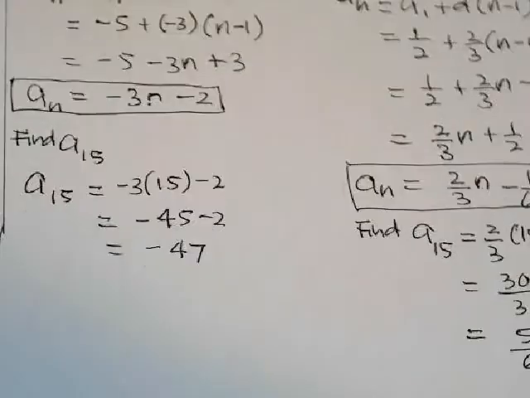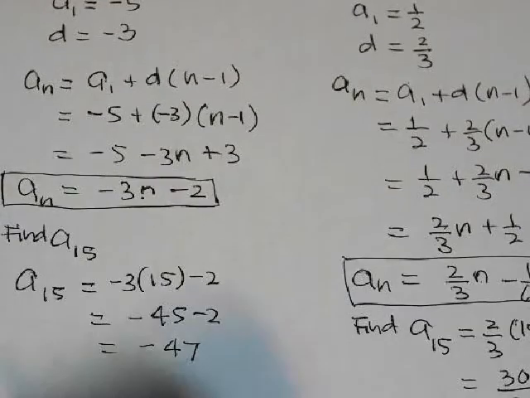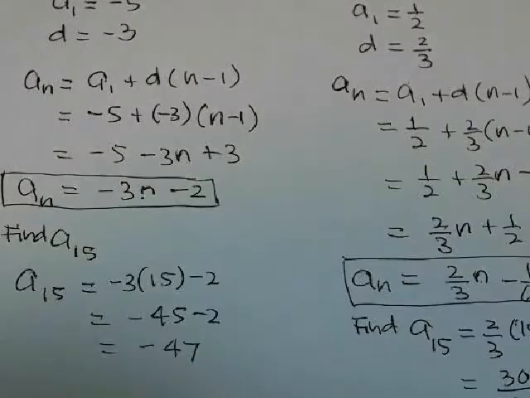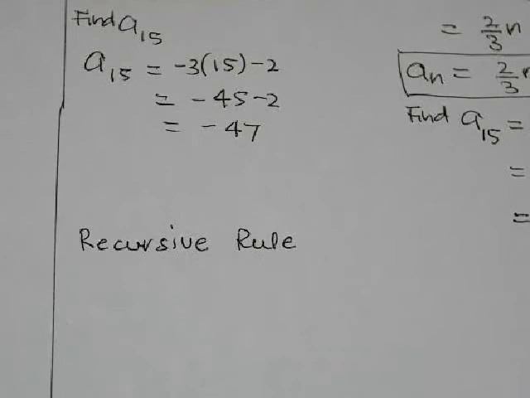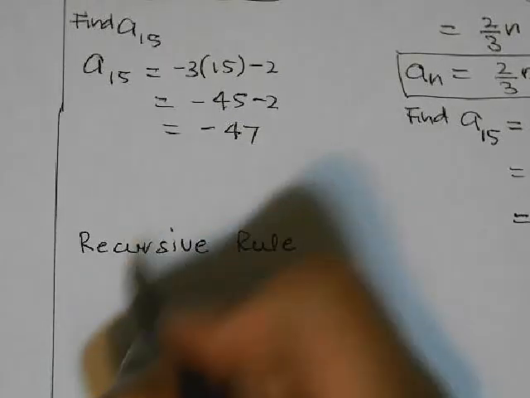So that's the explicit rule. Now there is also what we call the recursive rule. I think you remember this from last year. So how do you write the recursive rule?